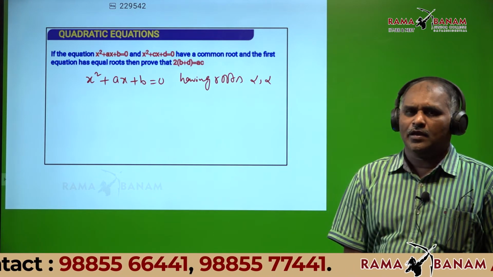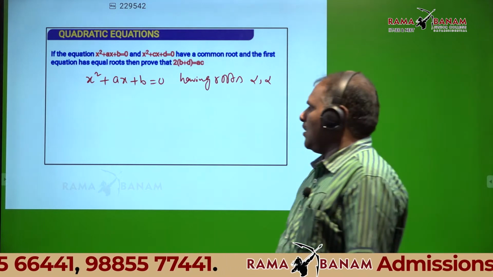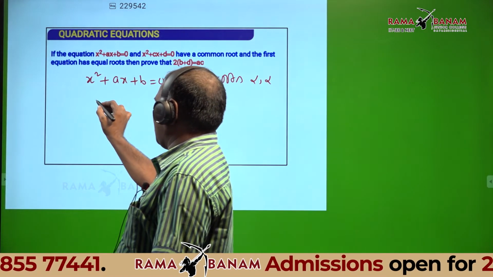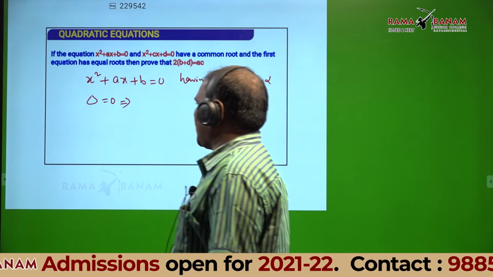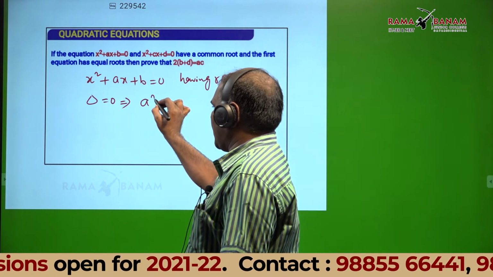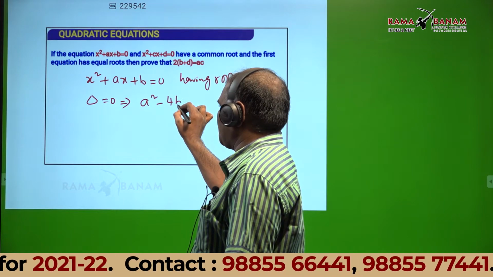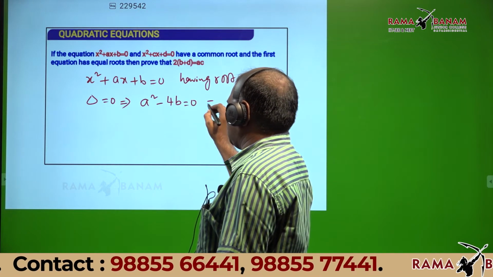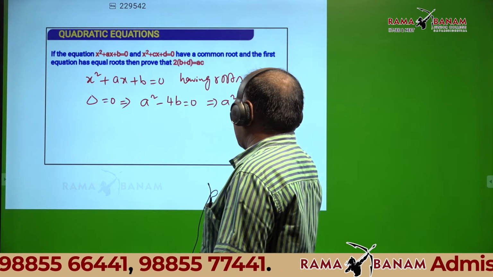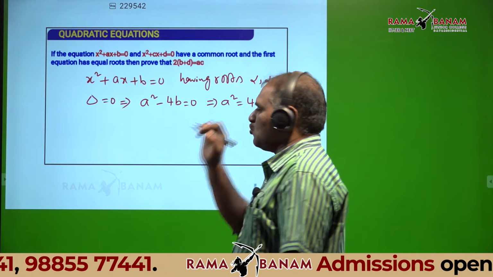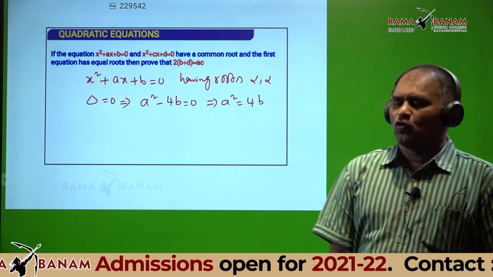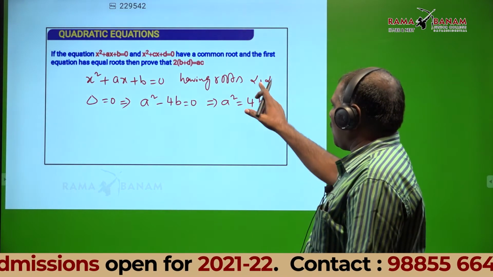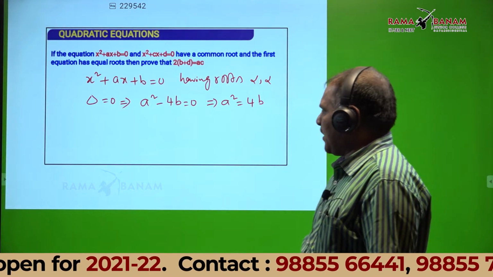By observation, both roots are equal, meaning the discriminant is equal to 0. What you get? a square minus 4b is equal to 0, which implies a square is equal to 4b. And the roots are alpha and alpha.